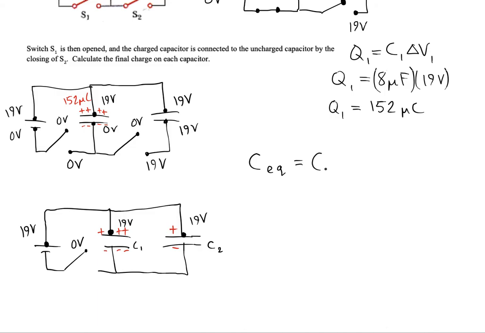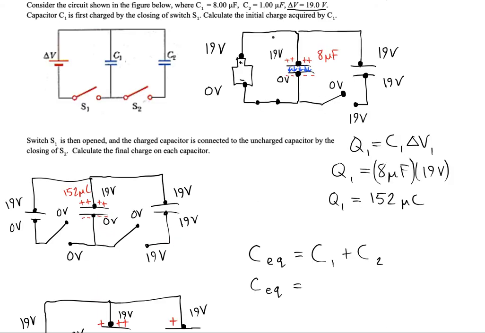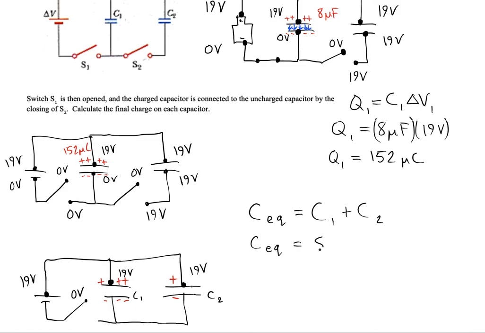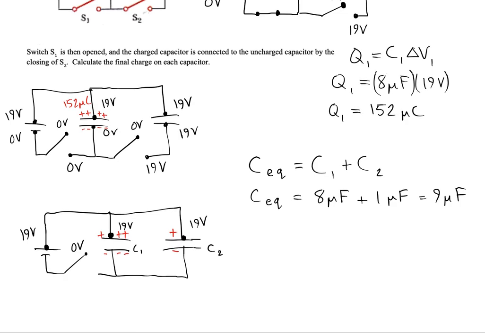They're in parallel, so we want to add C1 plus C2 to get the equivalent capacitance. So according to the givens, C1 was 8 microfarads and C2 was 1 microfarad. So it's a total of 9 microfarads.